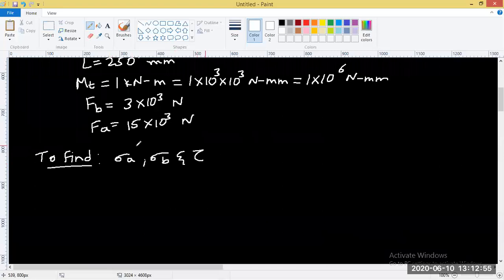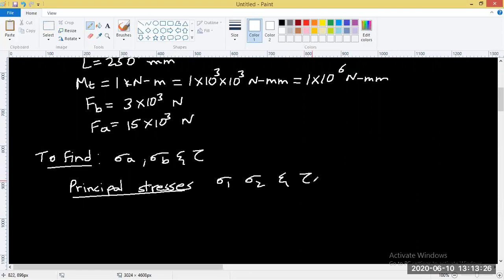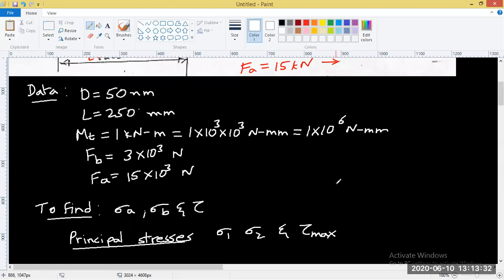If the part is subjected to so many kinds of stress, the only way to determine this is by principal stresses. That's what we need to find: sigma 1, sigma 2, and tau max, the principal stresses and shear stresses.